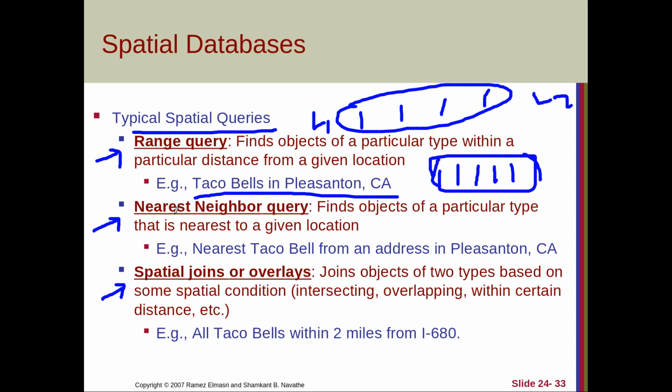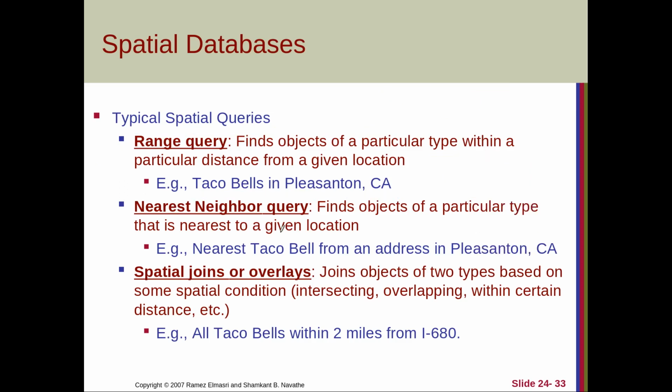Now next one is the nearest neighbor query. As the name indicates, it will find the nearest objects: find objects of a particular type that are nearest to a given location. So we are not setting a boundary.